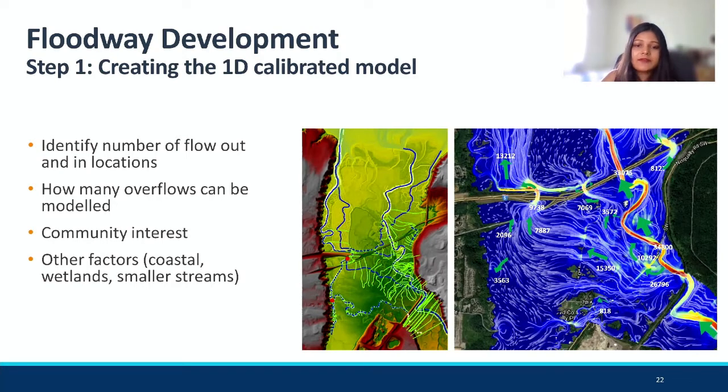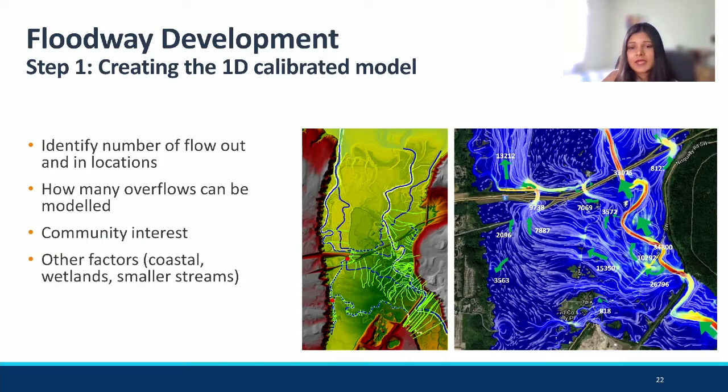So after filtering all these models out, we decided to stick with the major river channel, and then the one overflow, that's the 15,000 CFS. And we decided to have those two and try to calibrate those two 1D models to our 2D water surface elevations.